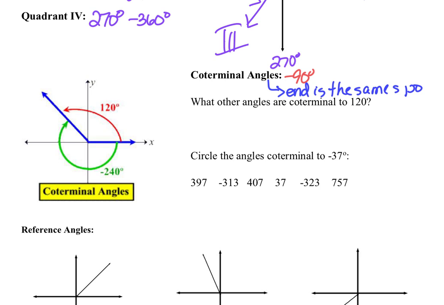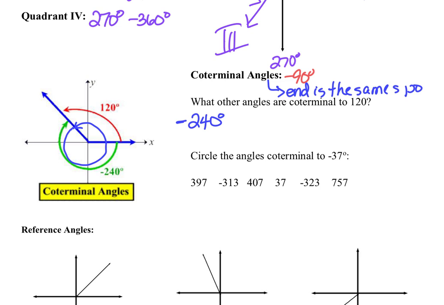Okay, so we know that 120 and negative 240 are coterminal, but we could find more. And the way that you find more is, basically, if you just started at this point and you made a full circle all the way around, 360 more degrees, it would also be coterminal.